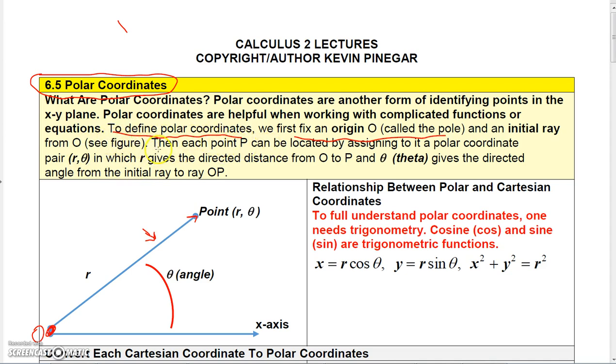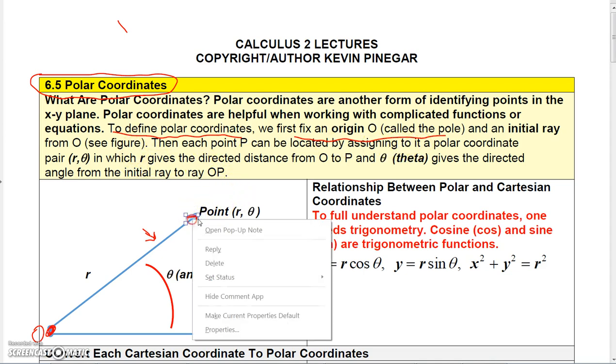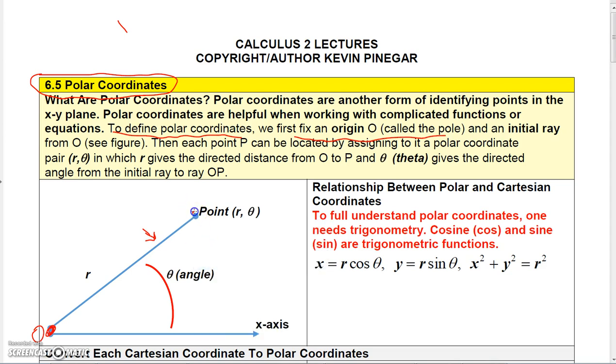Now, each point P can be located by assigning a polar coordinate pair r theta. So basically this point here is r theta. So what defines where that point is located? Well, two things.